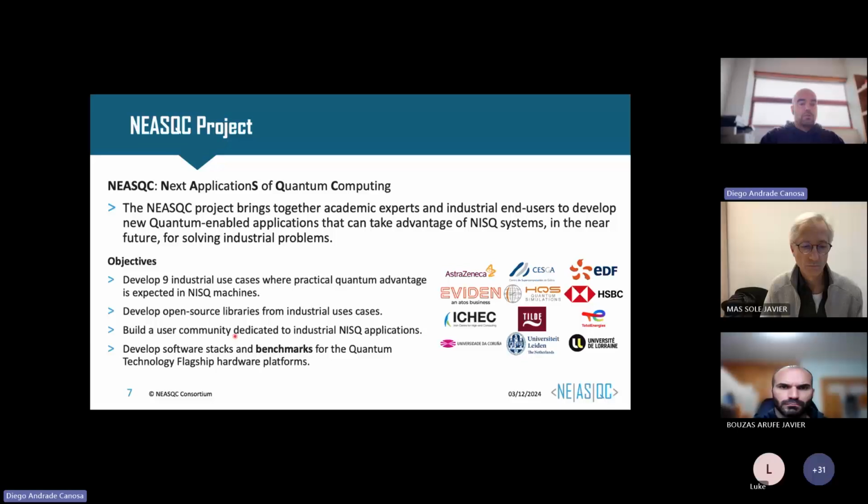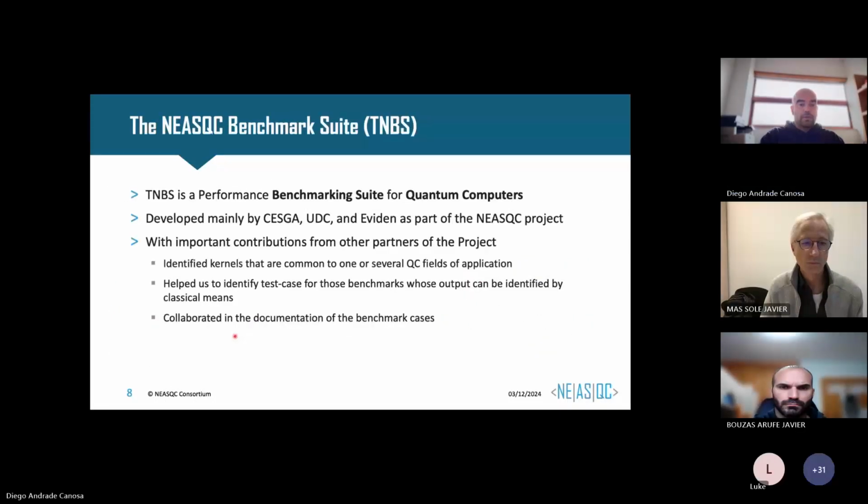Among our contributions, the one that we are presenting here is the benchmarking methodology that I'm going to tell you about. This benchmarking methodology gave birth to a benchmarking suite that we call the NEASQC Benchmark Suite, TNBS, and was developed mainly by CESGA and UDC, although with very good contributions from Evident company as part of the NEASQC project.